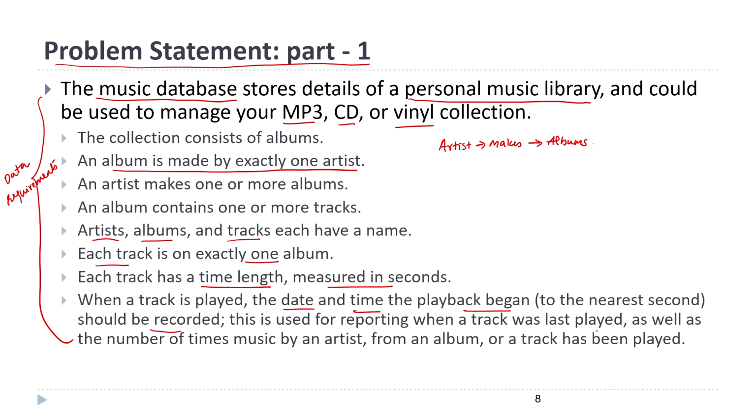If you want to figure out when it was last played, then you need to capture this information, as well as the number of times music by an artist, from an album or a track has been played. How many times you are listening to a particular artist and particular track in an album also needs to be captured.